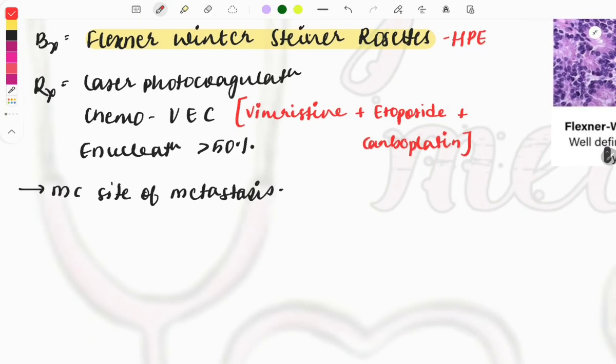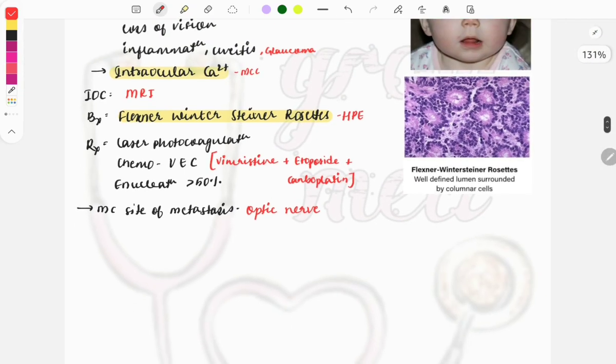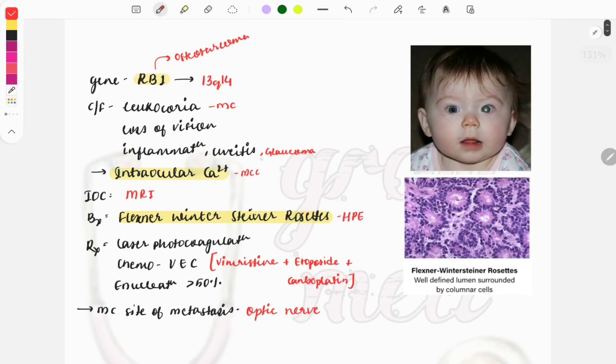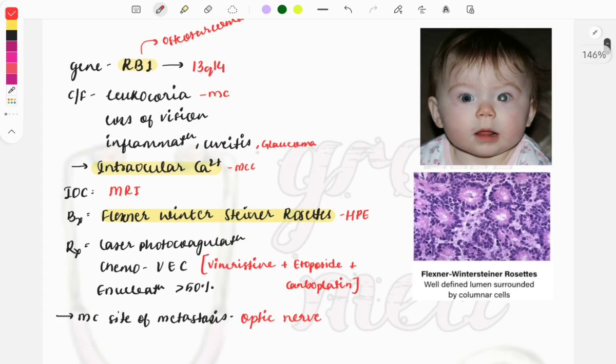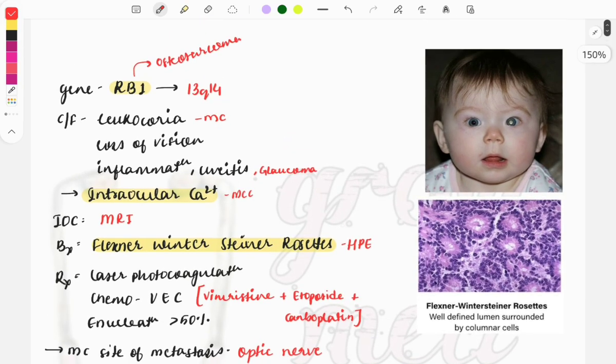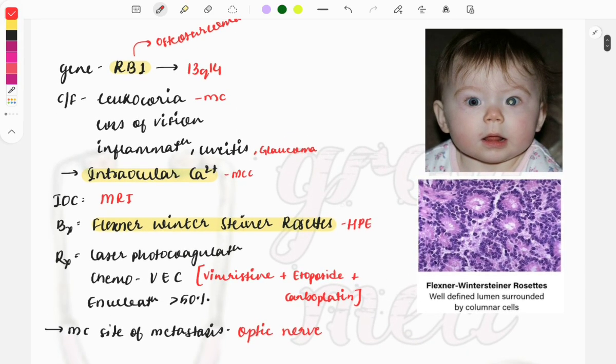Another simple one liner asked on this was the most common site of metastasis, and it is the optic nerve. Through the optic nerve, it can spread to other parts of the brain, skull, head and neck. So this is all about retinoblastoma which you must know.